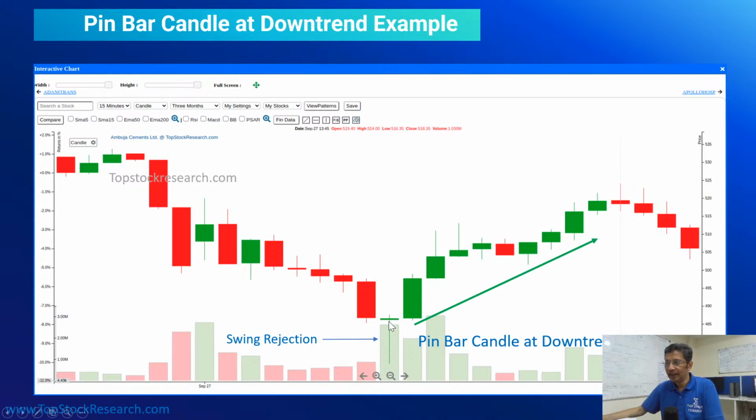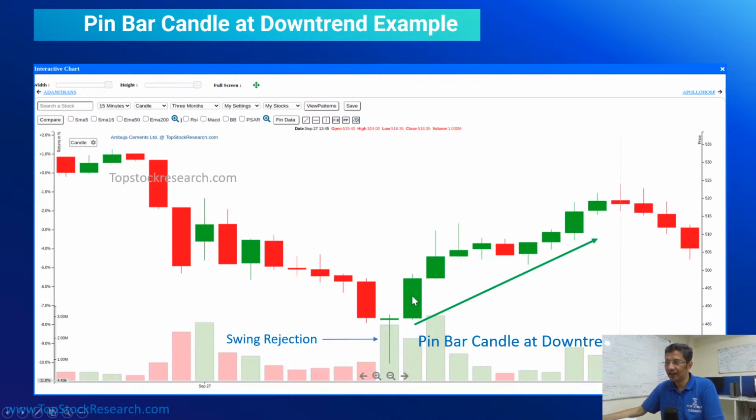It tried to go in the same direction, opened somewhere here, tried to move lower, but couldn't sustain and bounced back. Then comes the second bar. Depending on your aggressiveness, you can get in immediately around 315, 310. If you are an aggressive player working on a daily tick, you can get in directly, or slightly less aggressive players can get in here.